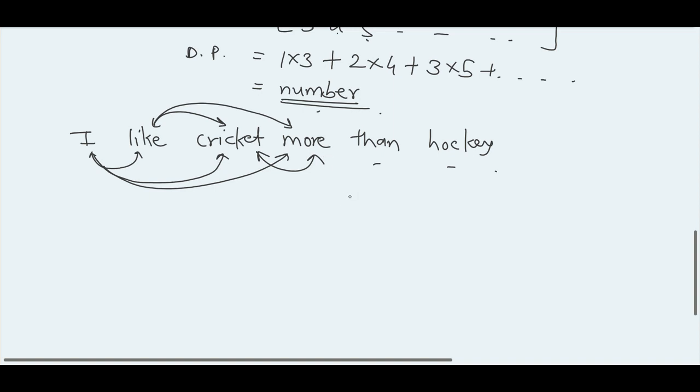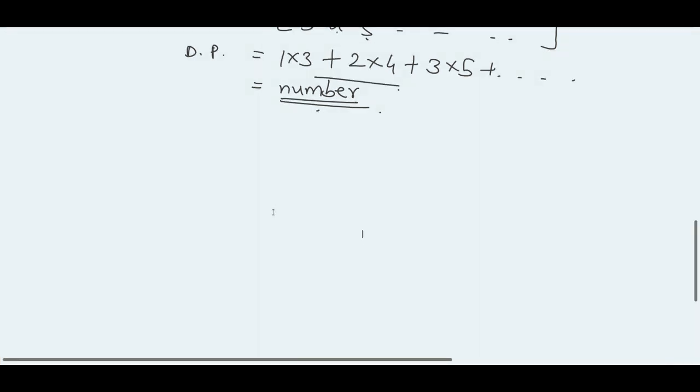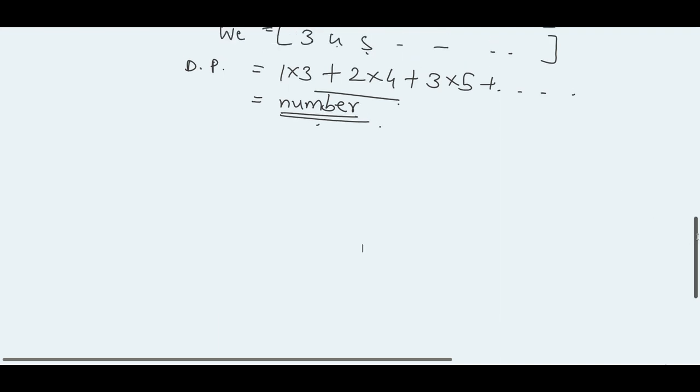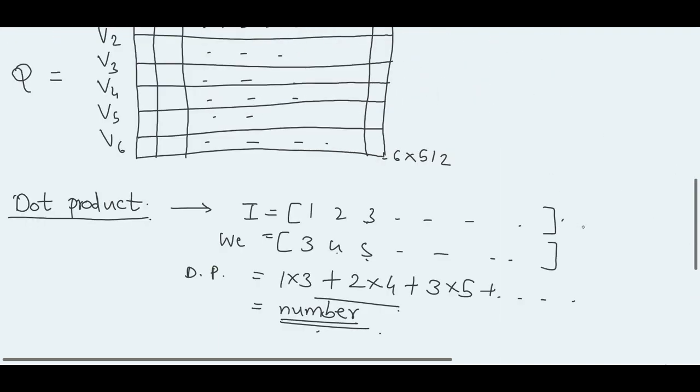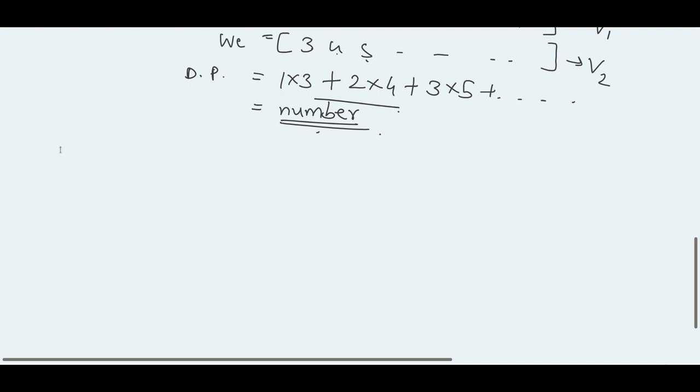Okay. So the other thing about this dot product is its notation. I'll just quickly tell you. Suppose we represent this as v1, and this as v2, then the dot product is presented like this. Okay, so you take this v1, you put this dot here, and then you have this v2, and then this is some t.